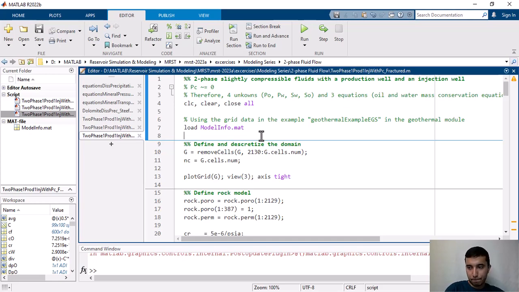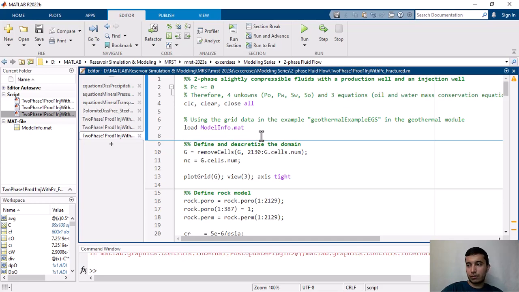I'll probably talk about some other interesting fracture models in the future, such as the discrete fracture matrix model and the embedded discrete fracture matrix model, which are very interesting and more complex than this case, the simplest type of fracture model.